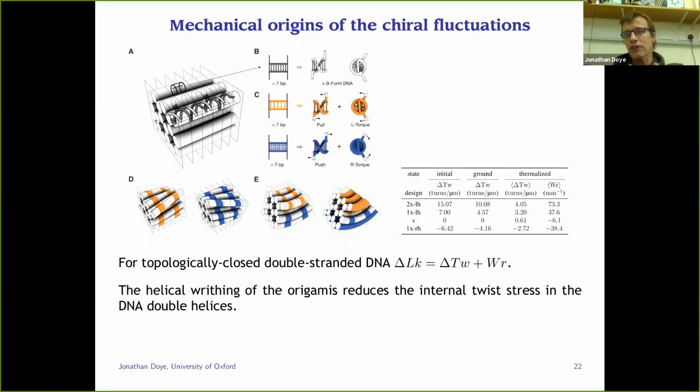Because if you have a quadratic, larger stresses will give you higher energies, whereas if you can spread that across different modes of deformation, it costs you less. So it costs you to bend the structure to form these writhe helical configurations, but the cost of the bending is offset by the reduction in the twist stress in the individual helices.